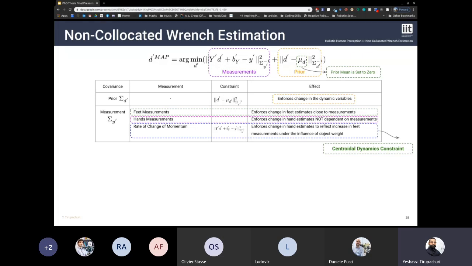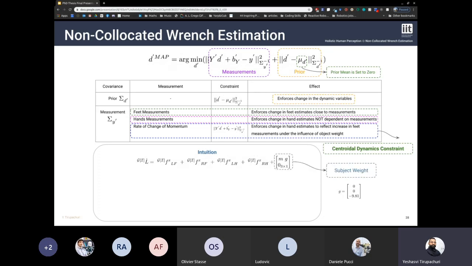But let's look at the intuition behind this idea through the centroidal dynamics constraint we are adding. Let's consider the equation which we considered before that considers only the links which we are interested in. That is the feet links and the hand links. The last term here is related to the weight of the subject, that is the human, given the mass of the human. Now consider a static case where the rate of change of momentum is 0.